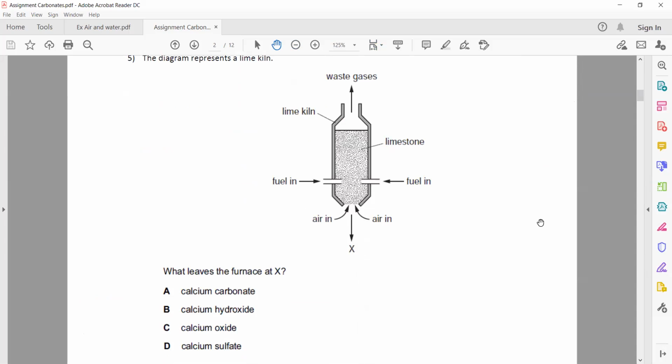So fuel, limestone is there. Here we are adding a fuel. We keep the limestone here, so it decomposes into calcium oxide and carbon dioxide gas is given off. Yeah, that's right. C is the correct answer. Calcium oxide.